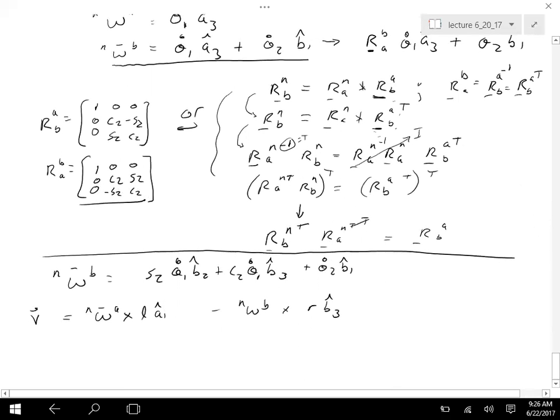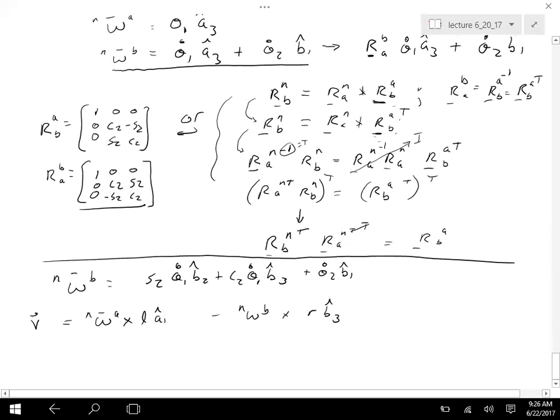All right, so this will be pretty straightforward. I get a theta 1 dot up here, a theta 1 dot A3 crossed with L A1. So A3 cross A1 is a positive A2. So I get a positive theta 1 dot L in the A2 direction, plus this term.